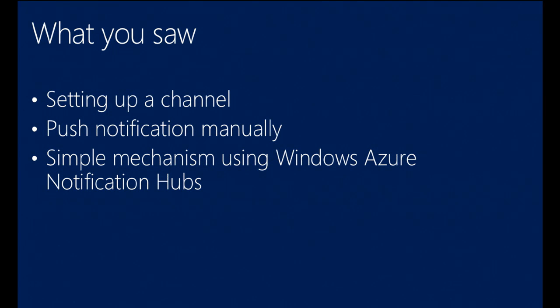What we have seen is we created a channel with the Windows Runtime API. Need to define a channel, push notification service. Create a channel. Channel is only valid for a maximum of 30 days, so we always need to refresh that information. And then there are different ways to deal with the channel.